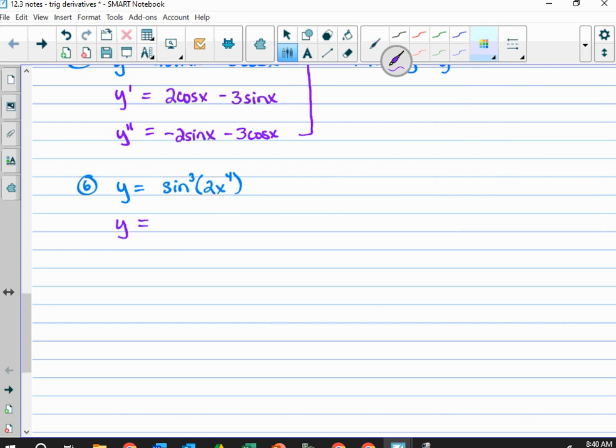What this really means is the sine of 2x to the 4th, all of that cubed. That's what that exponent means. So lots of chain rule fun for you on this one. Give it a try.